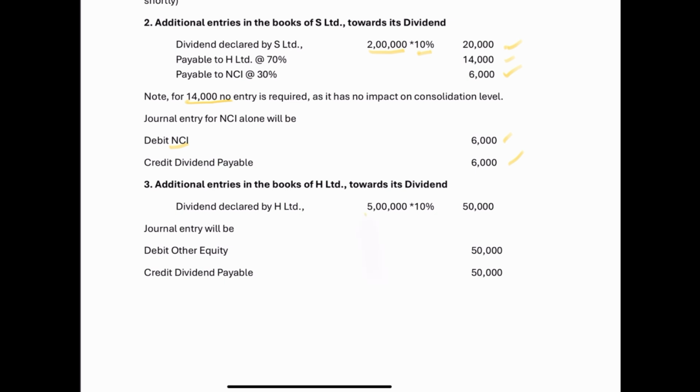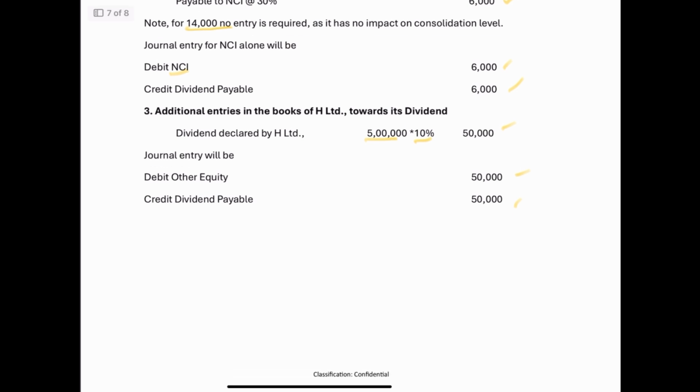So H Limited equity is 5 lakh rupees and they are declaring 10% dividend. So total dividend declared by them is 50,000 rupees. So for this, the entry is your other equity needs to be debited by 50,000 and dividend payable is credited by 50,000. So these are the additional entries we have to pass to account for the dividend declared but not paid.